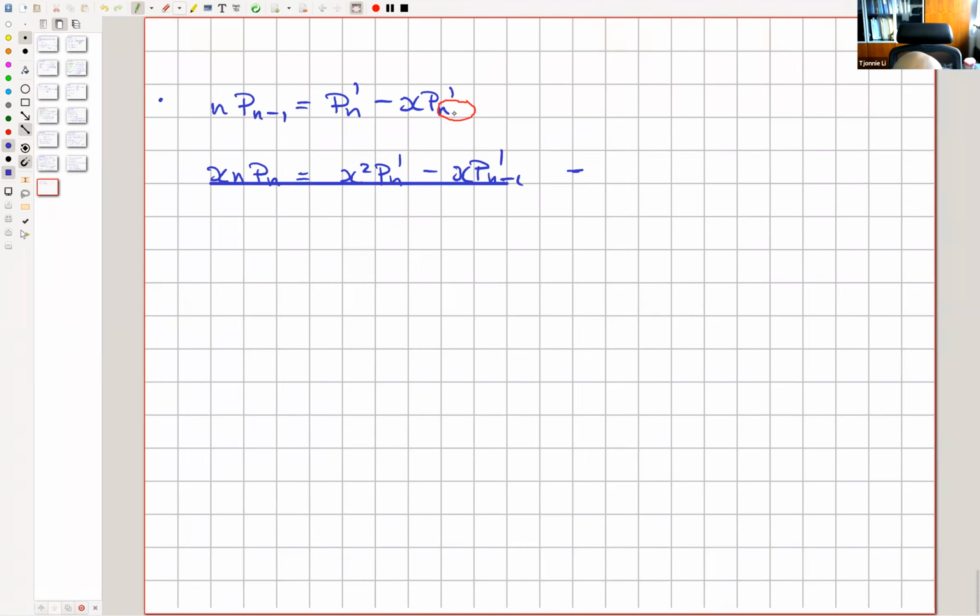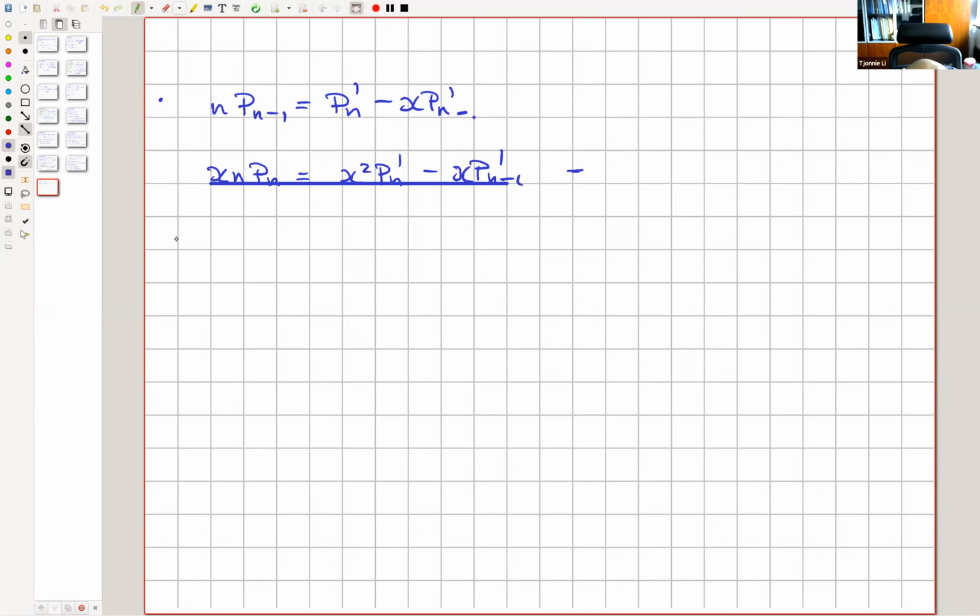Should be n minus 1, right? Thank you very much for spotting that one. Correct. Okay, so if I subtract these two from each other, what do I get?